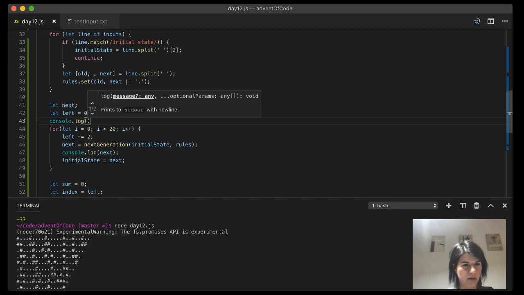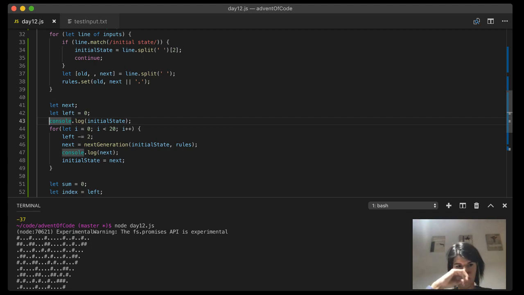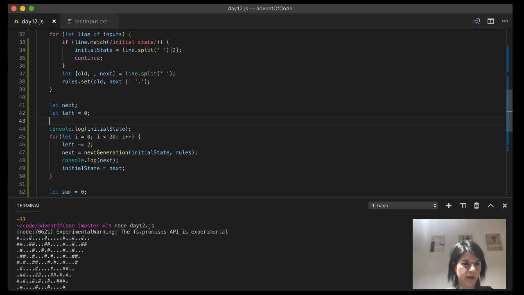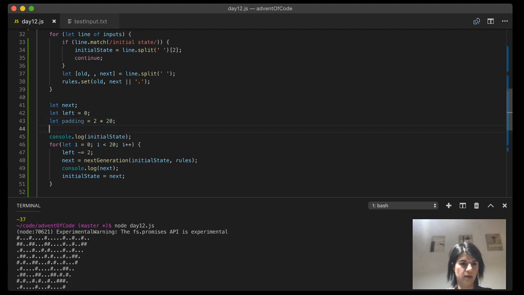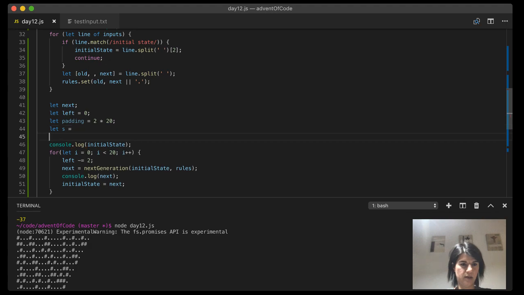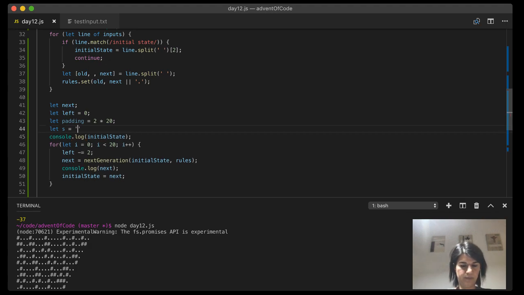And also let's console.log initial state, and if we're doing, do I want to move this over by 40 because I'm adding 2 to it on the left all the time? I guess I want to print this nicely. Okay. Let padding equals 2 times 20 generations. Let s equal, how do I get 20 dots?